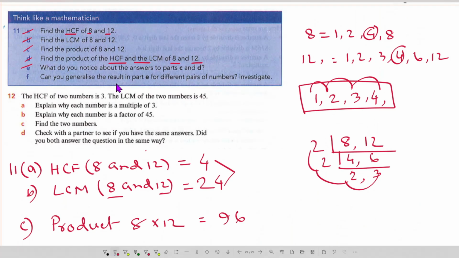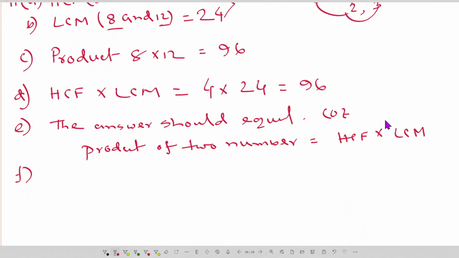Number F. Can you generalize the result in part E for different pairs of numbers? Investigate. Suppose we consider 10 and 15.